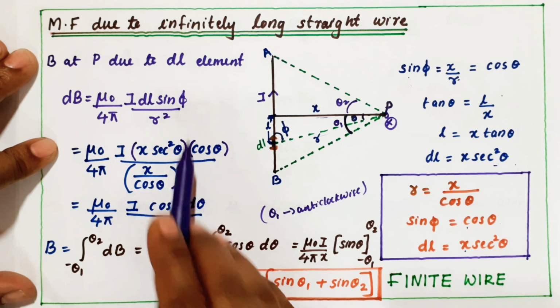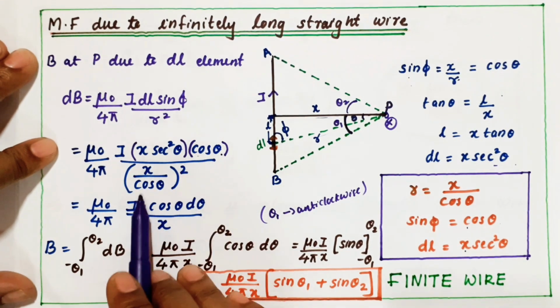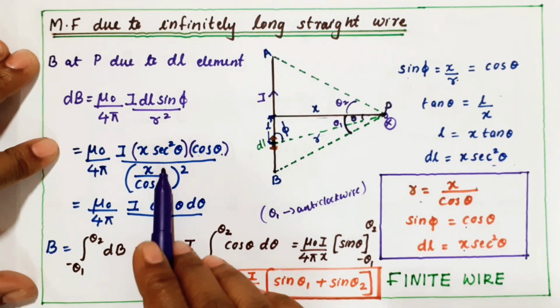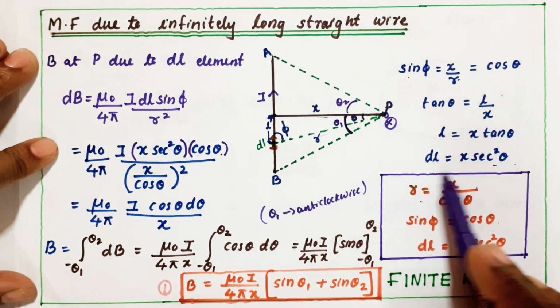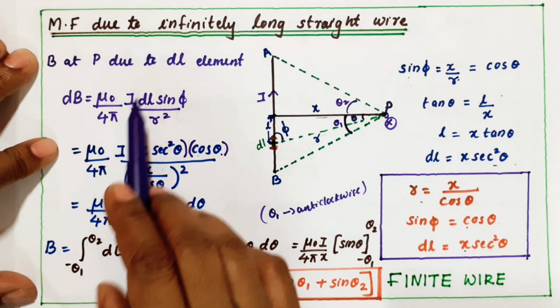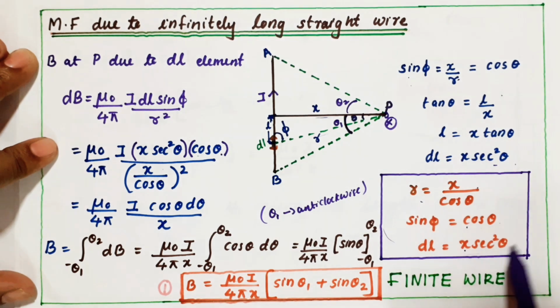Sin phi I am changing to cos theta, and r I am writing as x by cos theta. So now you understand why I took all these trigonometric ratios first: all the terms dl, sin phi, r square, I am converting with these.